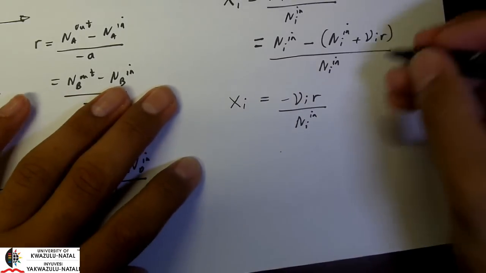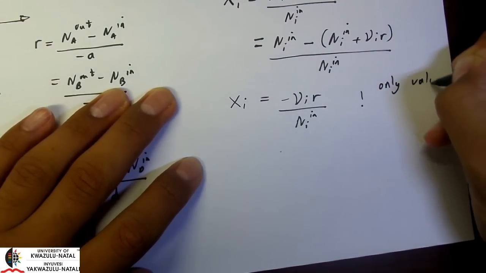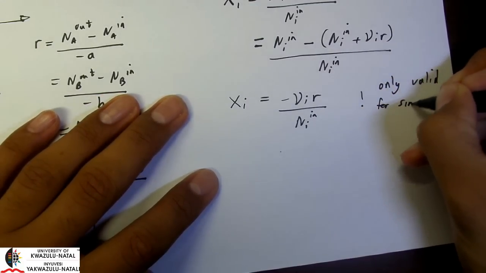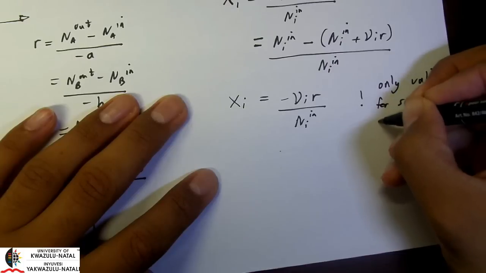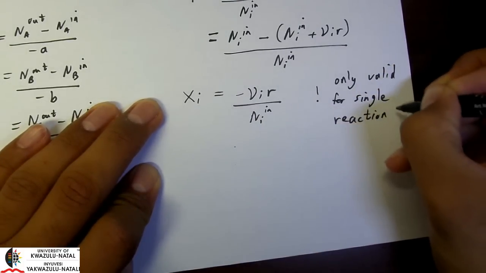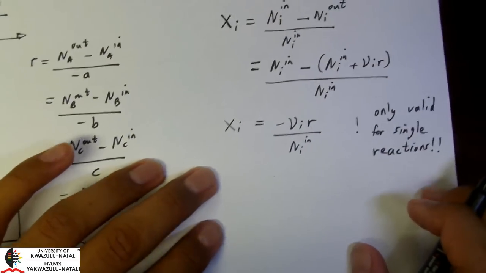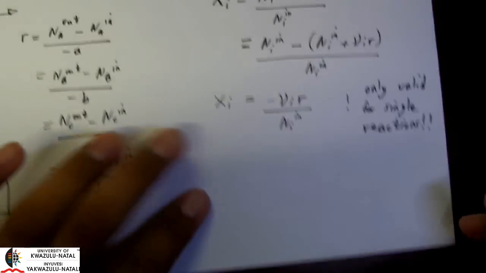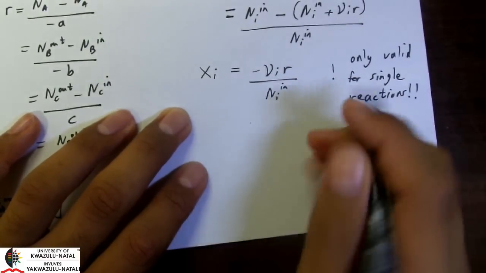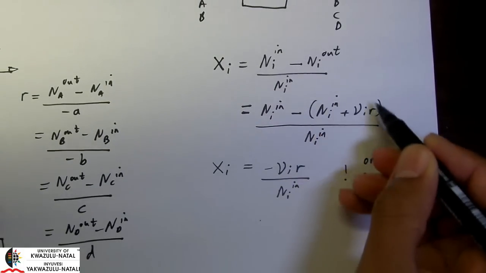I must stress, however, that this is only valid for single reactions. If there are multiple reactions occurring in our reactor, then we cannot use this relationship, because when there are multiple reactions, this expression changes.